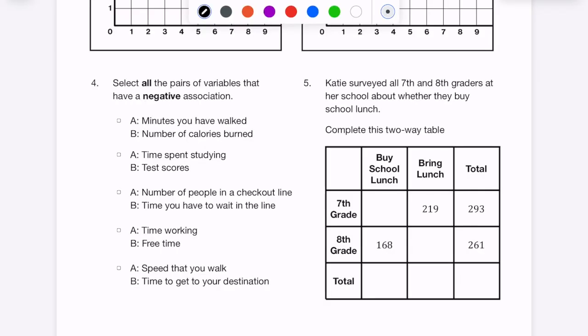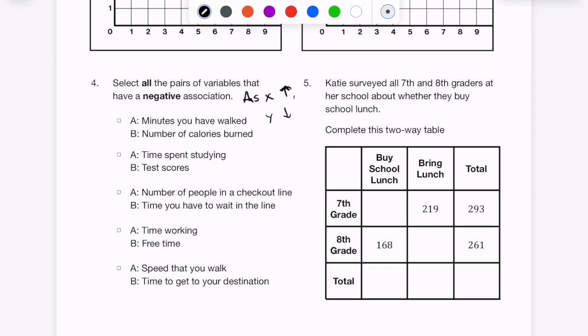Question 4. Select all of the pairs of variables that have a negative association. So a negative association means as one variable increases, so as x increases, the other variable y decreases. So we're looking for which of these two variables would have that sort of relationship in the real world.